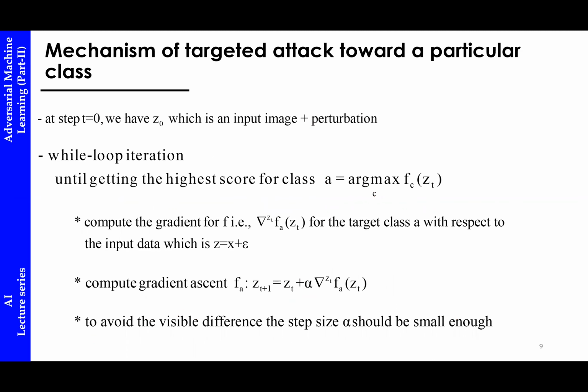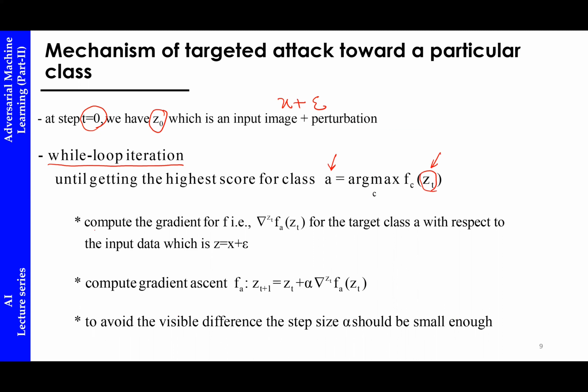To fool the network, we need a while loop. This while loop receives z at step t0. What is z0? z is x plus perturbation. And we ask the network to increase the score for input z for a specific class a.